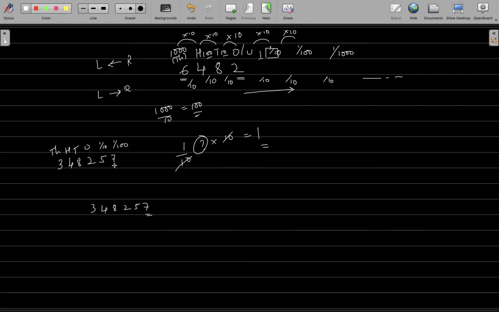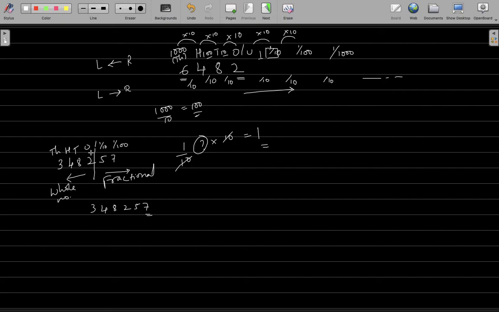So to avoid this kind of confusion, what we need is a partition that can divide the whole number positional values and the fractional positional values. These are fractional positional values. These are whole number positional values.